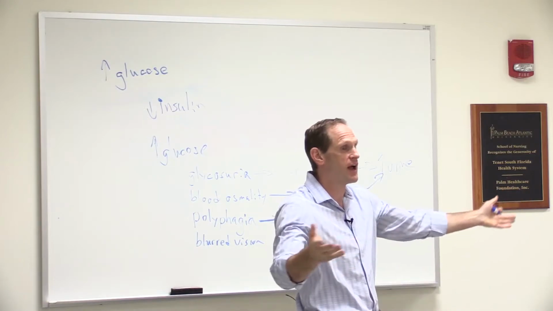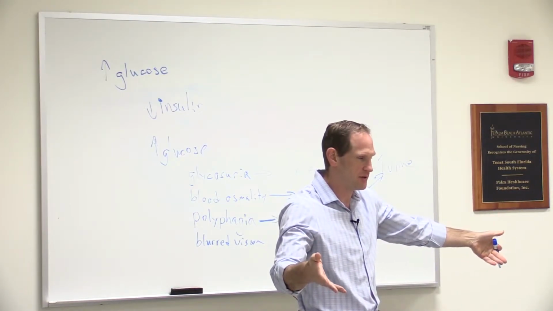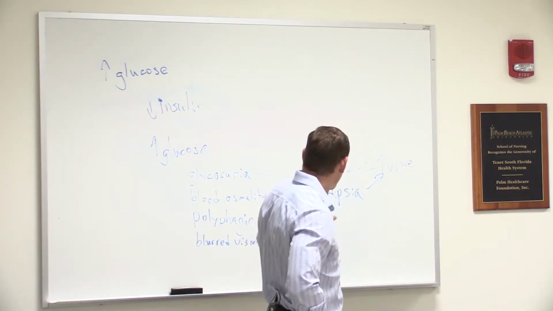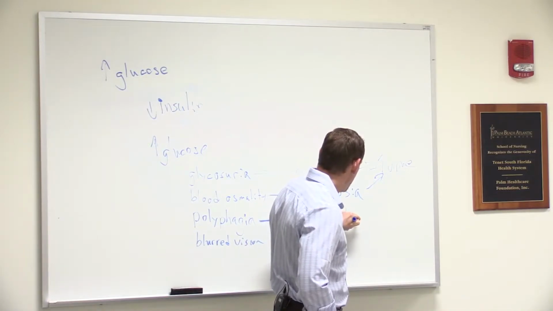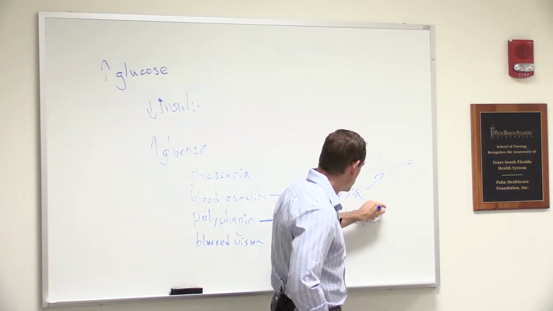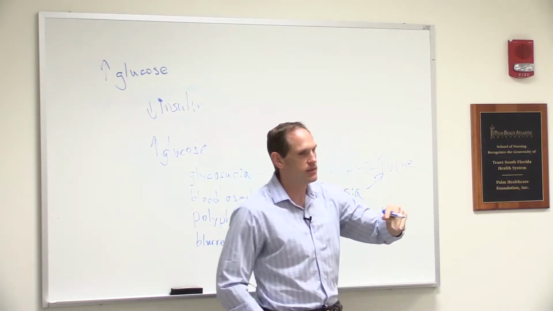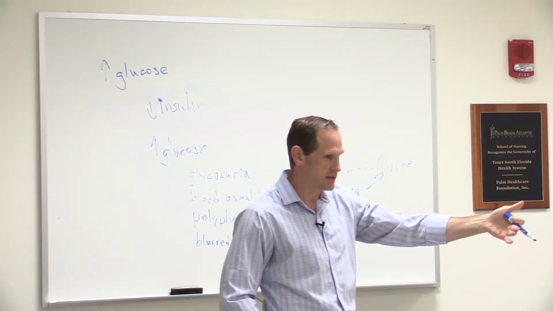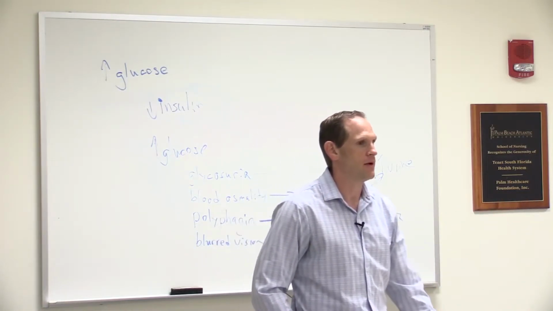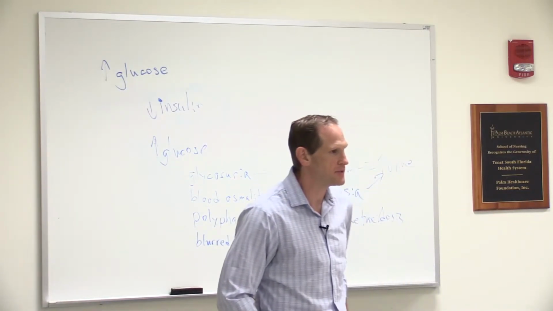So there's blood sugar everywhere, but there's not enough insulin. So they're going to be producing so much ketones that the patient's going to become acidotic, and they're kind of literally starving to death at the same time.